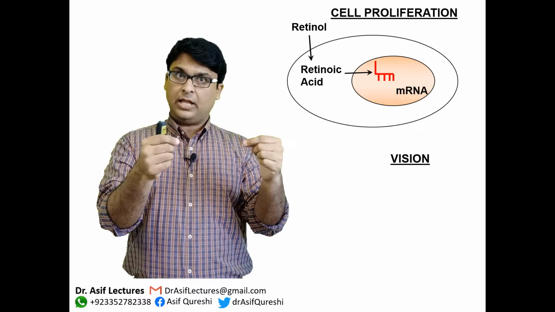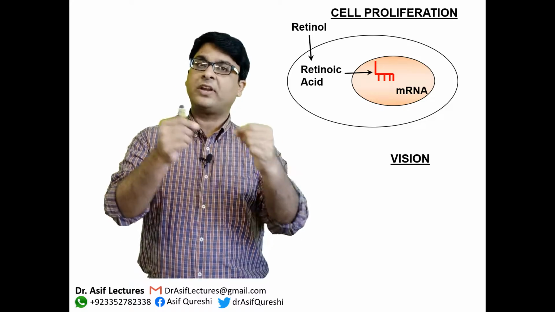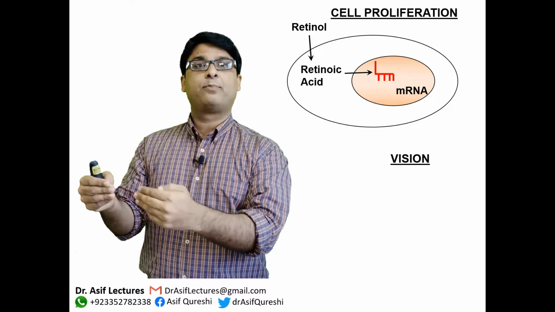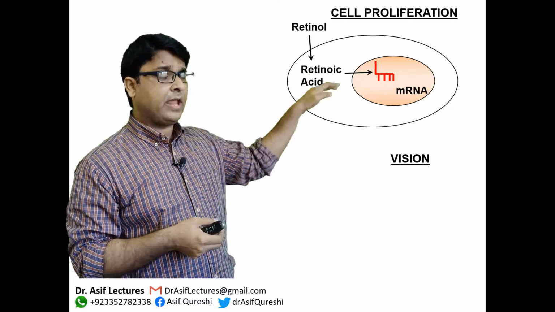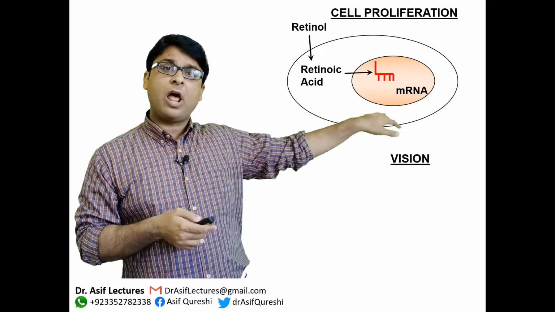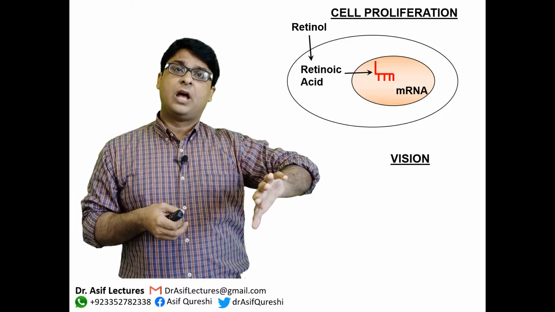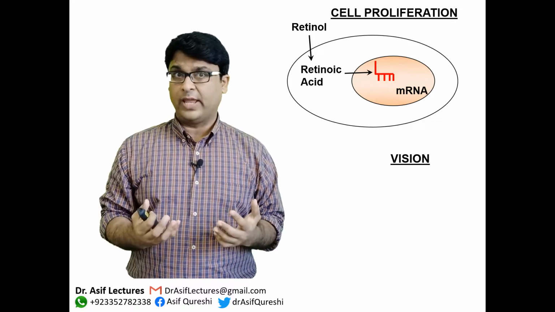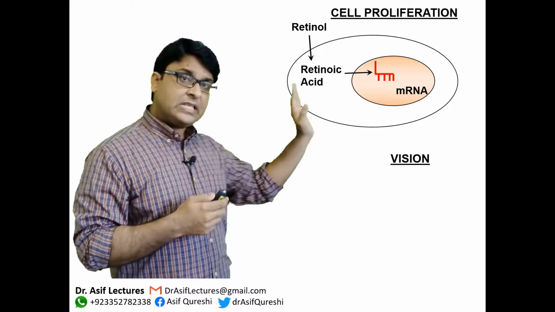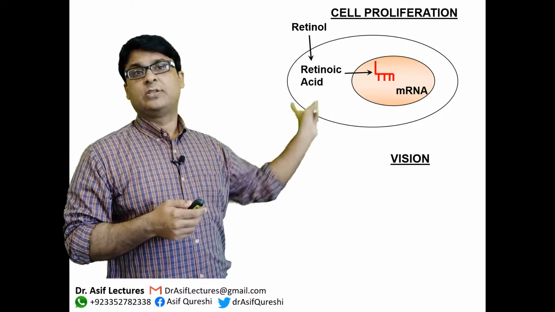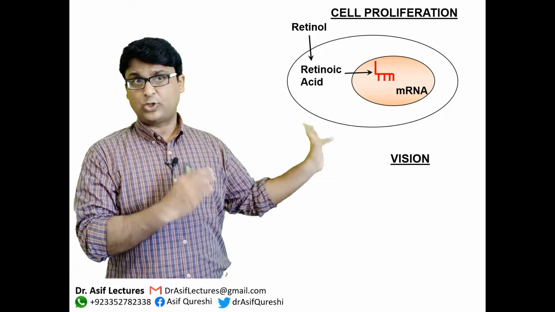It gets into the cell, converts itself into retinoic acid, which binds to the zinc family members of transcription factors, zinc finger-like proteins, and then messenger RNAs of those proteins, which are responsible for cell proliferation and growth, are upregulated. Okay, so in this fashion, it controls cell growth and cell proliferation, and it is actually essential.